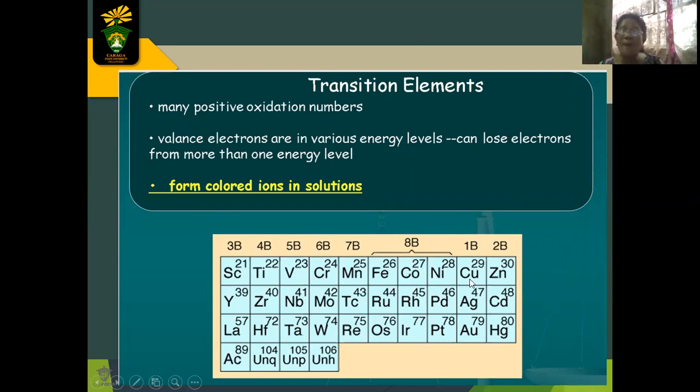When copper combines with another element, for instance, sulfate, copper sulfate, you will have a blue. Then we have kaning chromium. Chromium, once it reacts with another element, will have a brick red color. Colorful ang solutions aning transition elements.